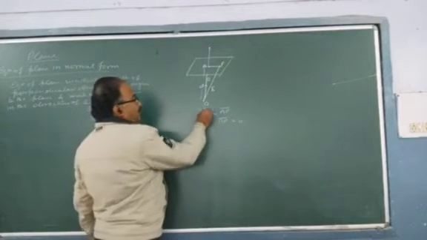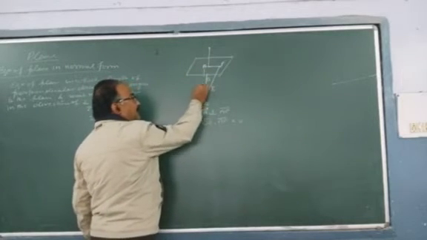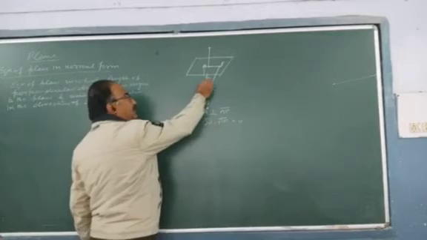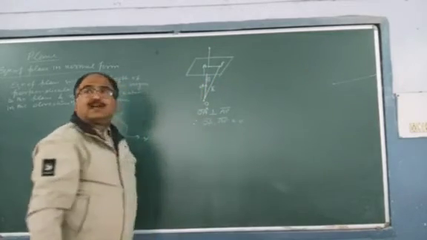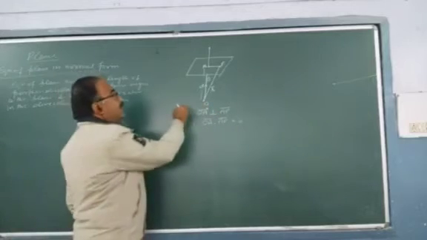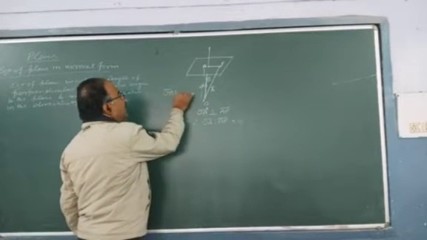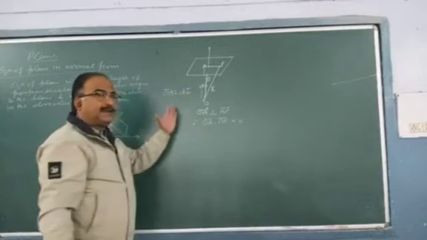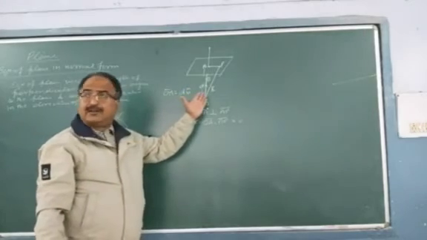Now OA, you know the magnitude, you know its direction, the unit vector direction of the vector. Vector OA will be d n cap, the magnitude and the unit vector in the direction.